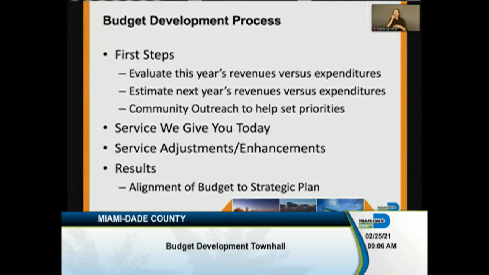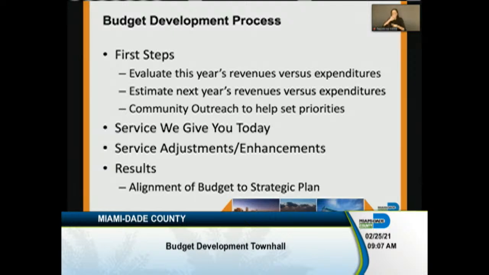service level will cost. Based on the revenues available, we make recommendations as to what adjustments, if required, would need to occur so that we have a balanced budget to present to the Board of County Commissioners. Through this process, we ensure that the budget being developed is in alignment with the county's strategic plan.